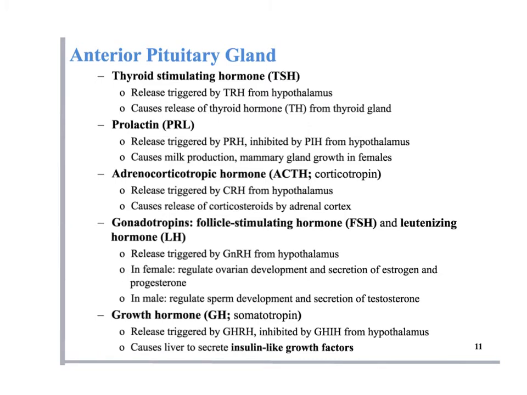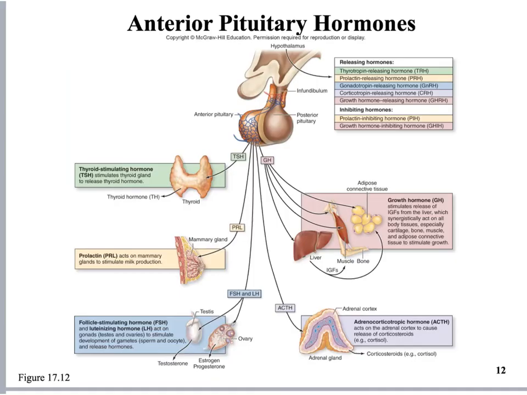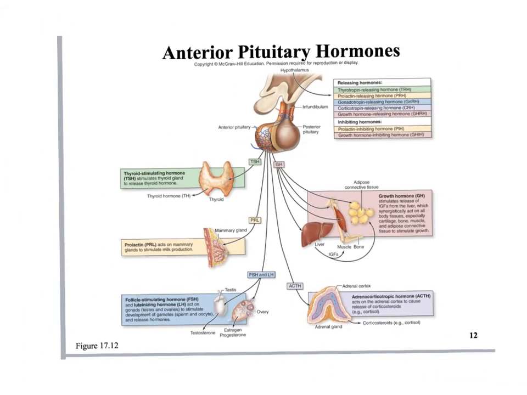All right, so each of them are stimulated and regulated by what? Hormones from where? The hypothalamus. All right, and then they have a litany of different target organs. All right, so here's the picture from your textbook, showing you kind of what they are, and they're color-coded.